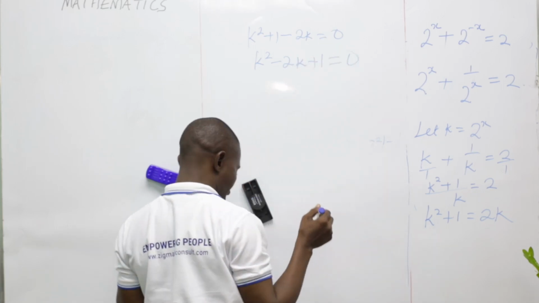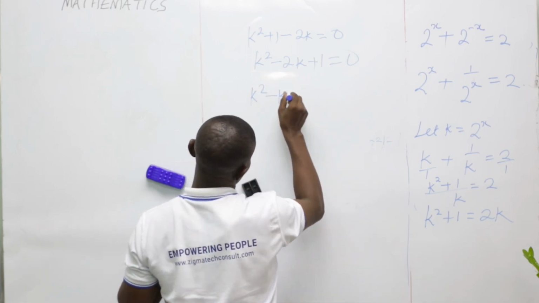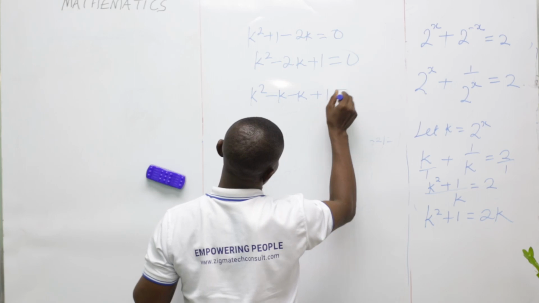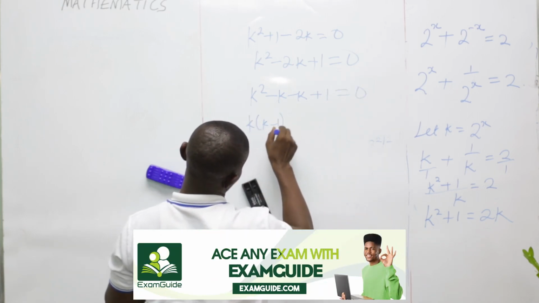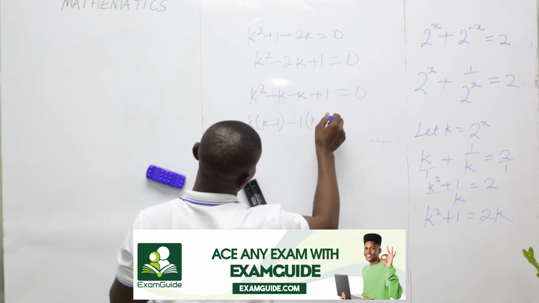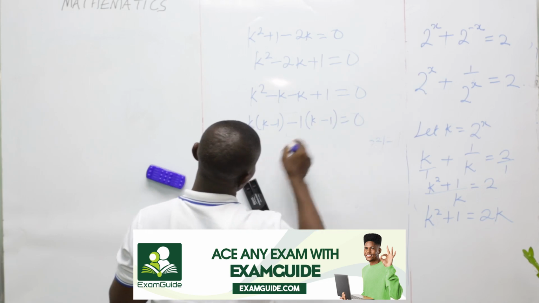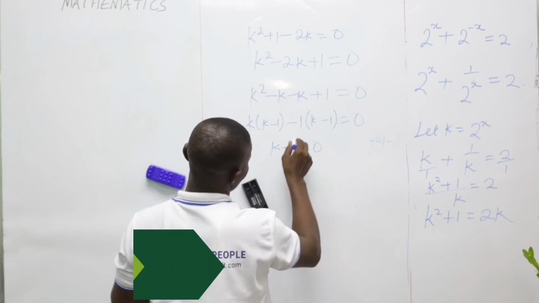So when you factorize, you are going to have k squared minus k minus k plus 1 equals 0. So k into k minus 1 minus 1 into k minus 1 equals 0. K minus 1 equals 0.